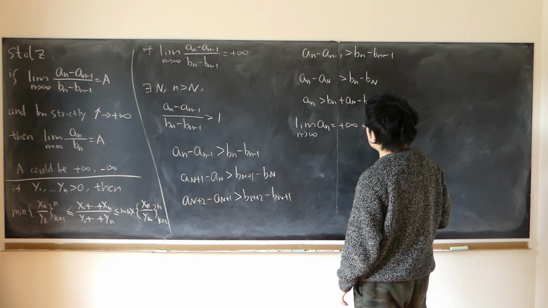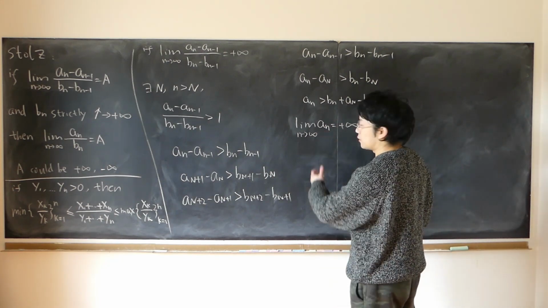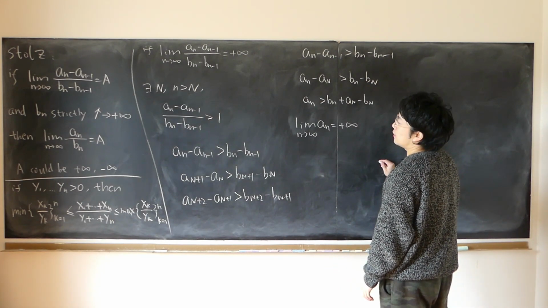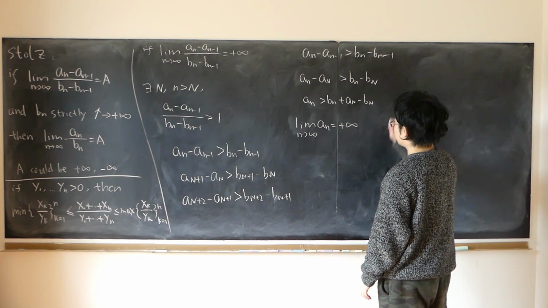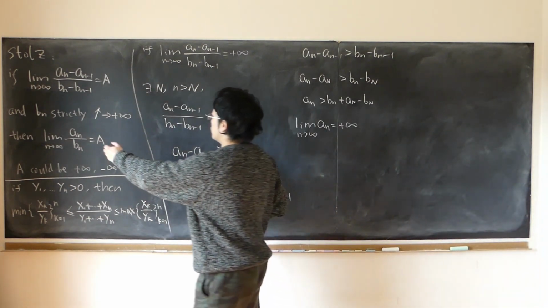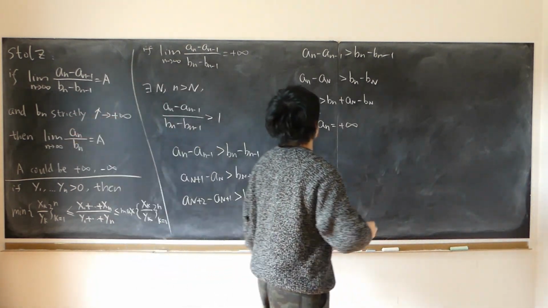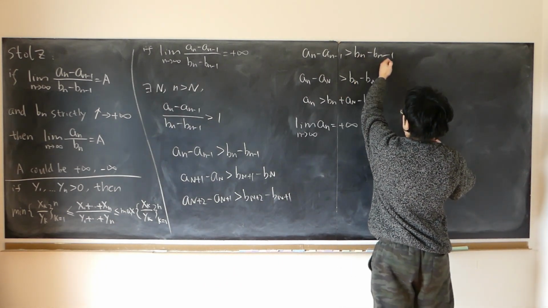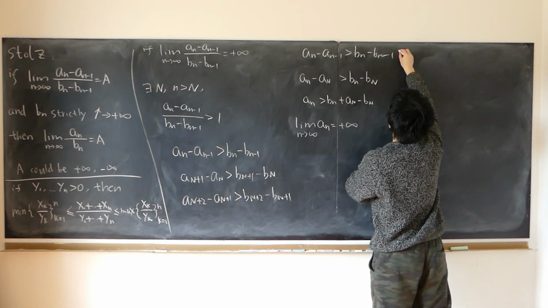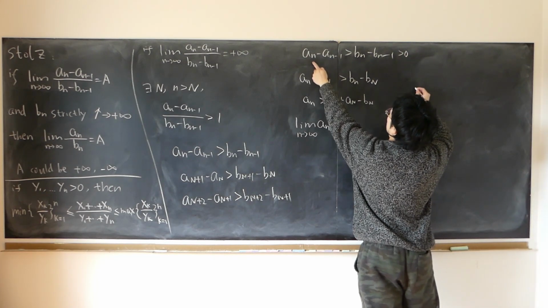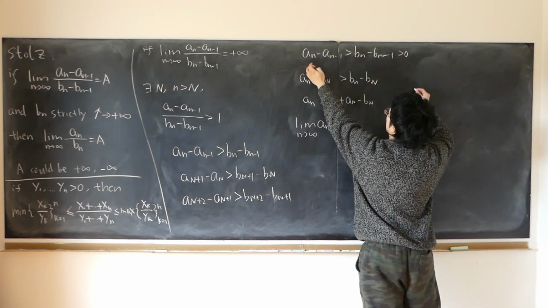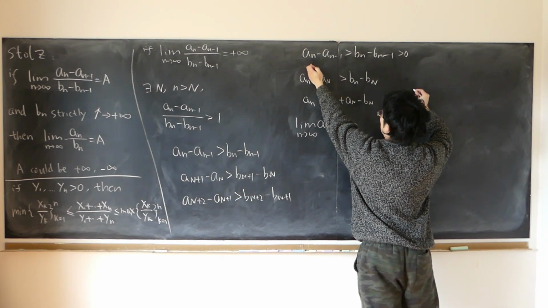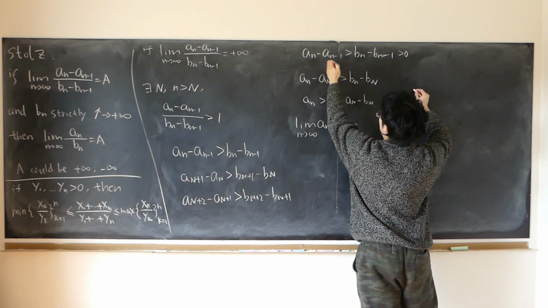So next question: is an monotonically strictly increasing? The answer is yes, because bn is given to be monotonically strictly increasing. Therefore, bn minus bn minus 1 is, of course, positive, and so is an minus an minus 1. Therefore, for any n, the next term of an is always bigger than the previous term.